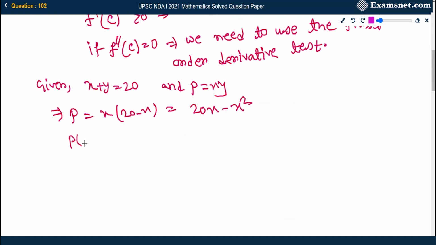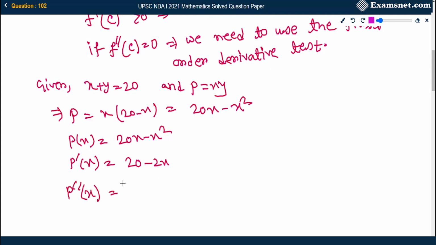So p of x is 20x minus x square, the function. Let's find p dash x. It becomes 20 minus 2x. Also let's find p double dash x, the second order derivative, that is minus 2.